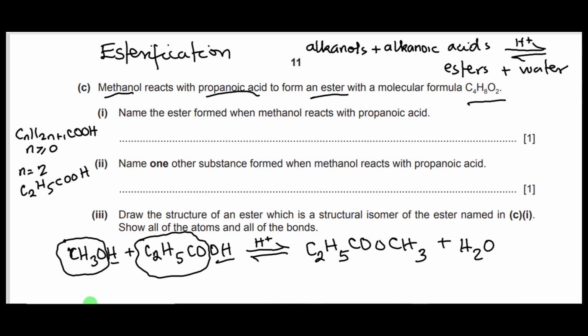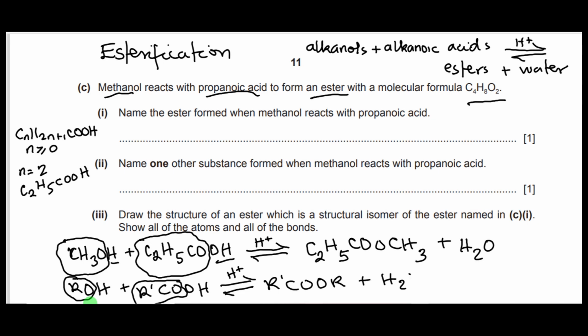So now, generally, if you were to write this in a formula, I will call this ROH plus R prime COOH, right? In the presence of an acid to give us R prime CO, because this one will go first, and then this one will then come, COOR plus H2O.